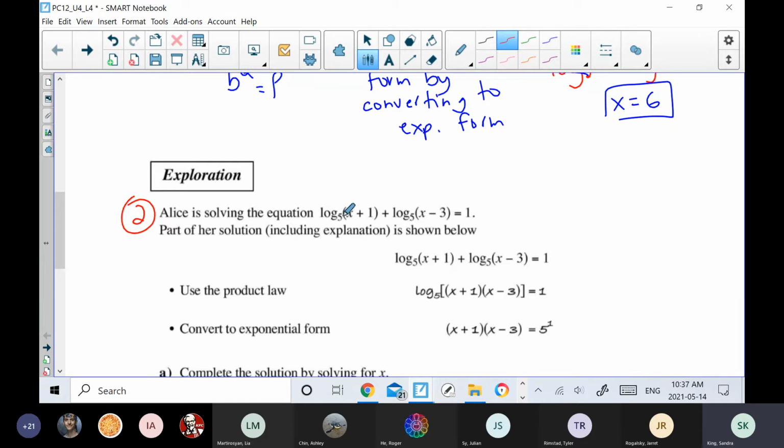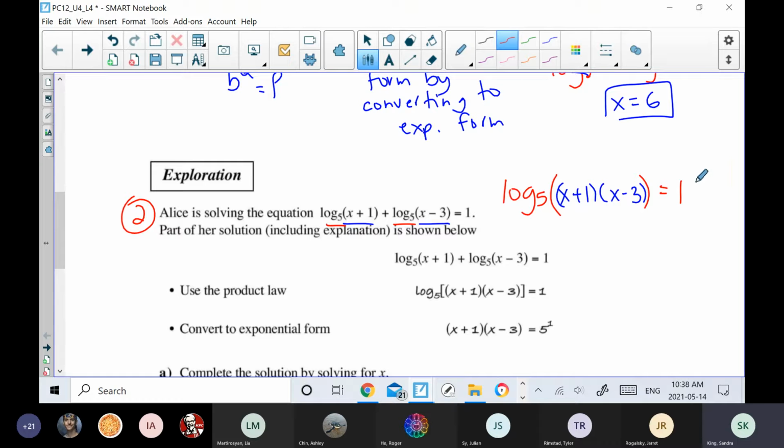What we do if it's case 2 and you have more than one log on the left-hand side is use our log laws to combine these two logs. I've got log base 5 and log base 5. Let's combine those two logs. That would be log base 5, and these two logs are being added together, so that would be the product law. It would be this argument times this argument, so (x plus 1) times (x minus 3), and that is equal to that constant, which is 1.